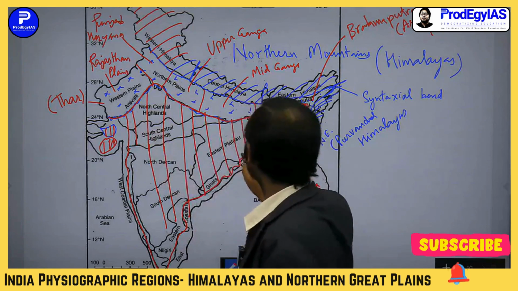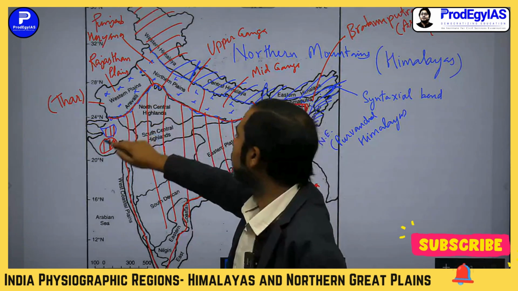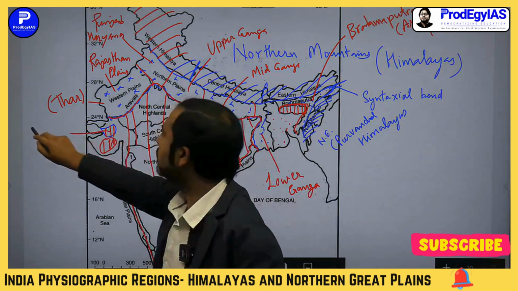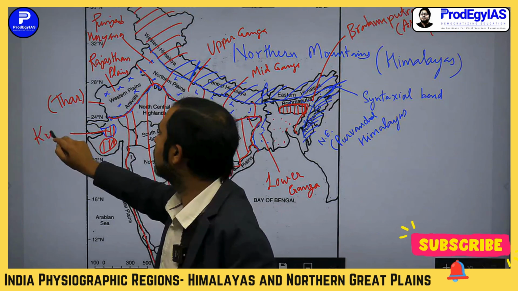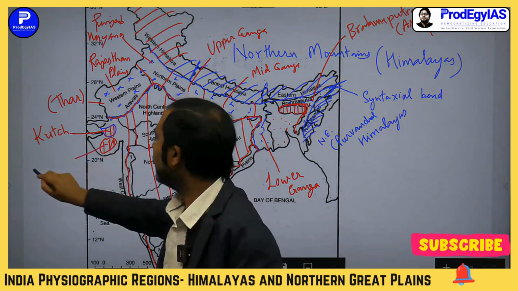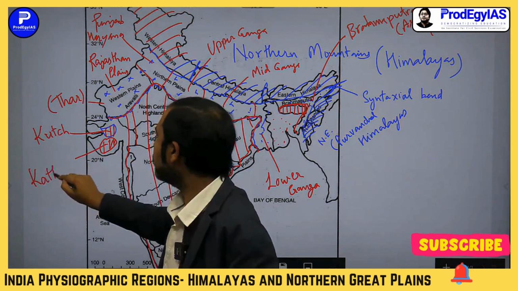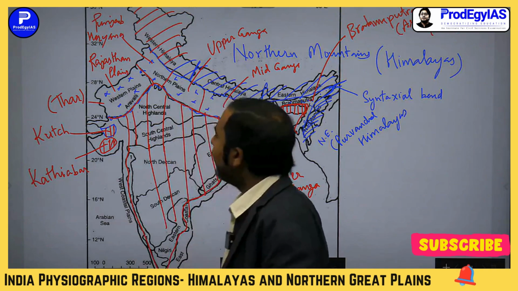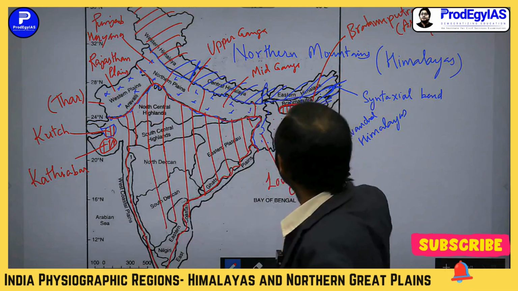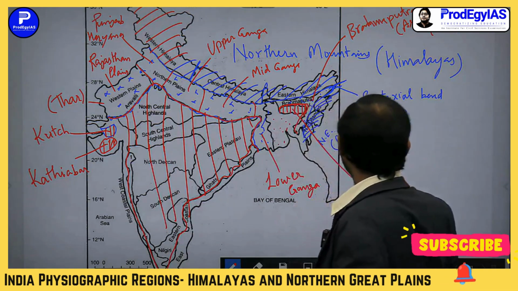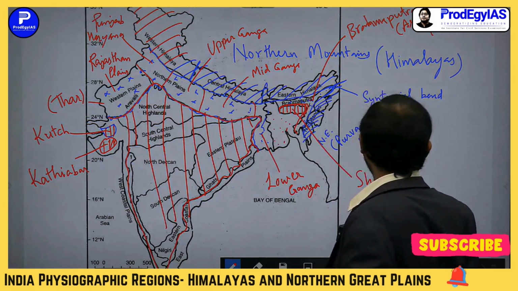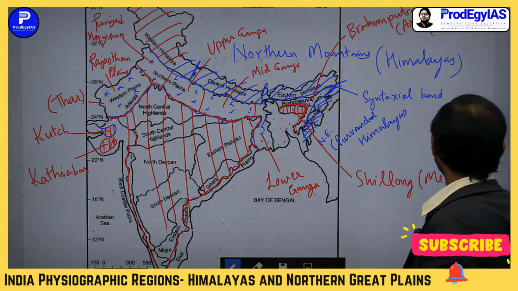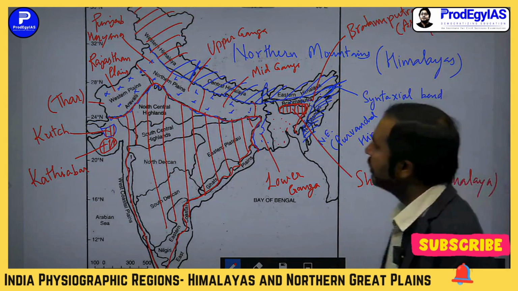Then this is your peninsular plateau part, and it also includes Kutch and Kathiawar plateau regions of Gujarat, and here Shillong or Meghalaya Plateau of Northeast.